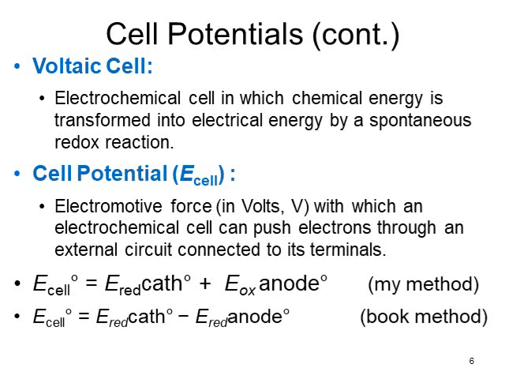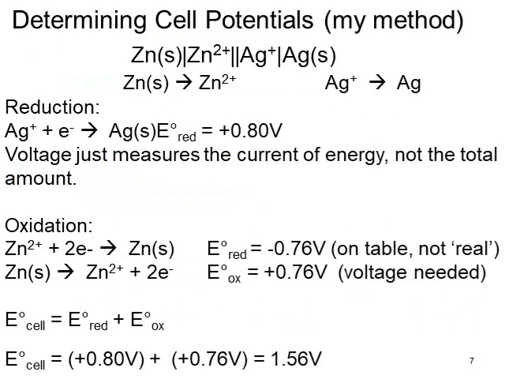Okay, so let's look at this zinc silver half cell, right? So if you go back to that slide earlier that had that big table of all those values, we see the silver reduction half cell, which you'll notice is written as we see it, silver ion going to silver, has a voltage of 0.8 volts, which is great.